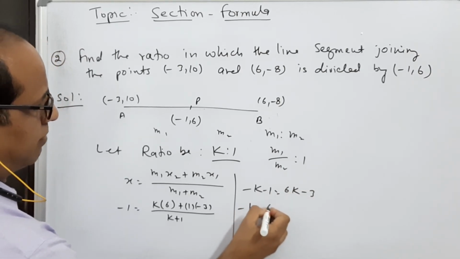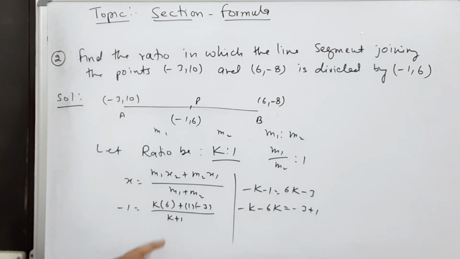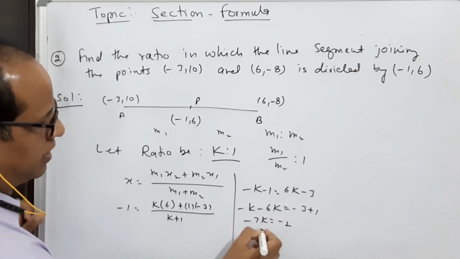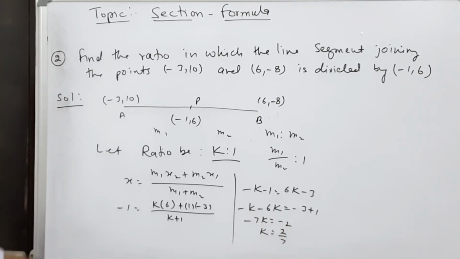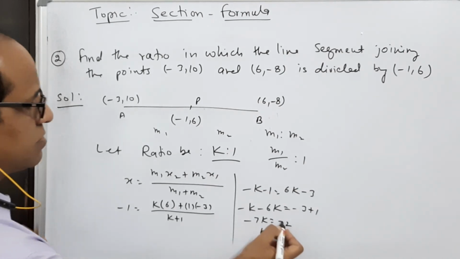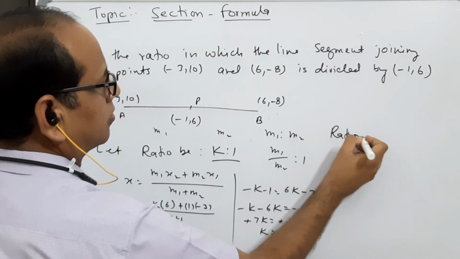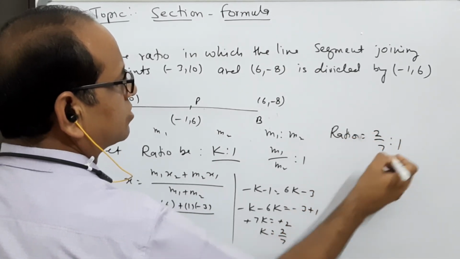I have cross multiplied this. Now it is minus 7K equals to minus 2. K equals 2 by 7. Minus and minus will cancel. So what is the ratio now? The ratio will be 2 by 7 is to 1.